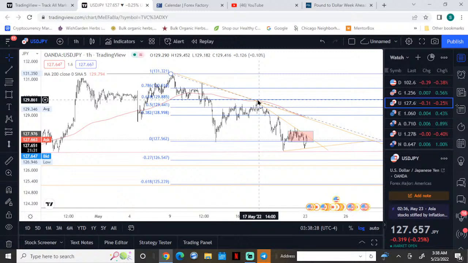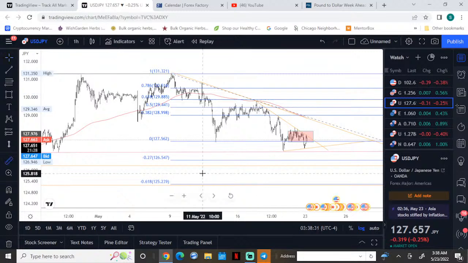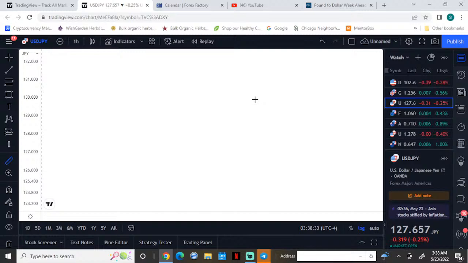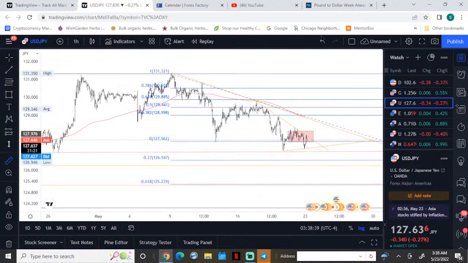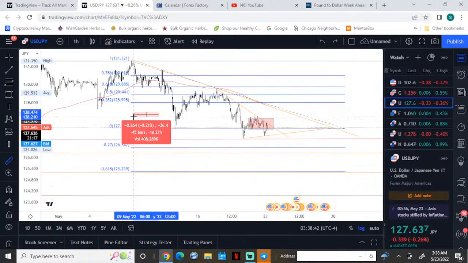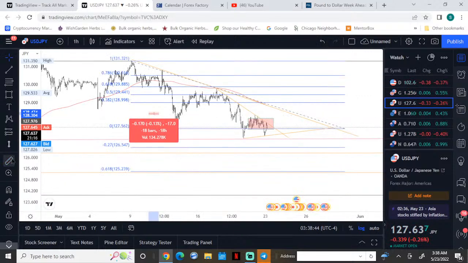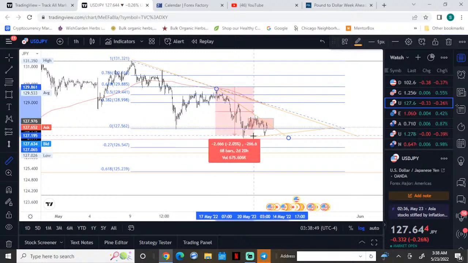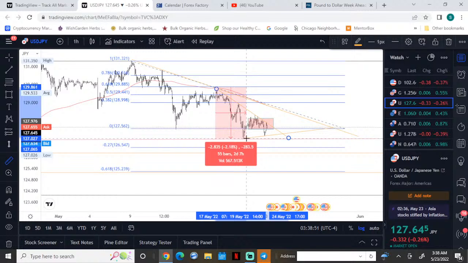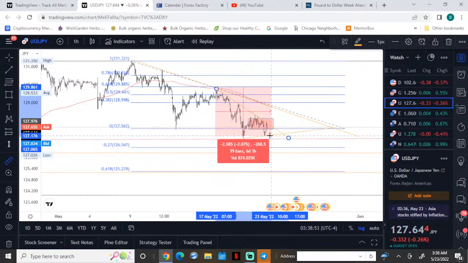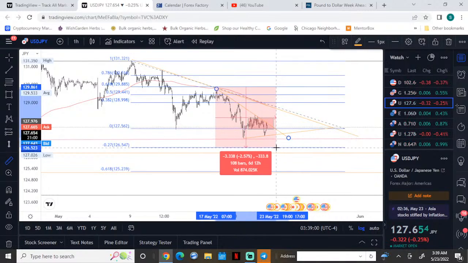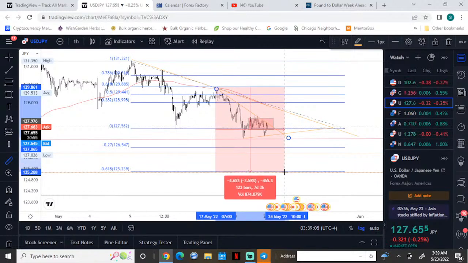So if you got in over here on the 17th and are still holding this, you'd be at 270 pips in 5 days. So we do want to at least see it come down to this negative 27. It'll be 333. And if it still pushes, we know it's going to come down to this 618.